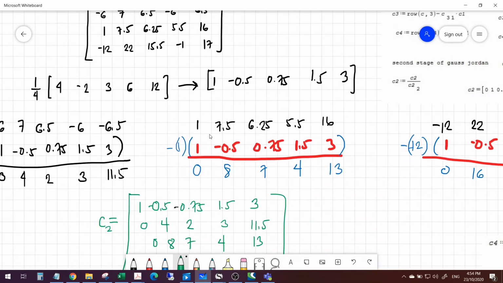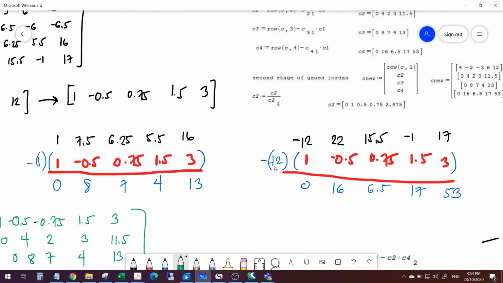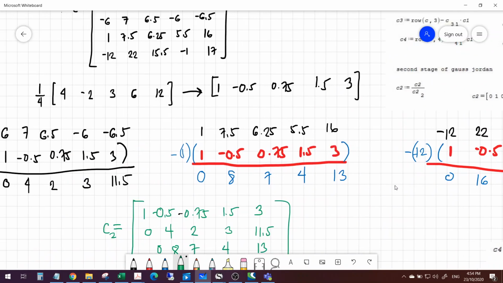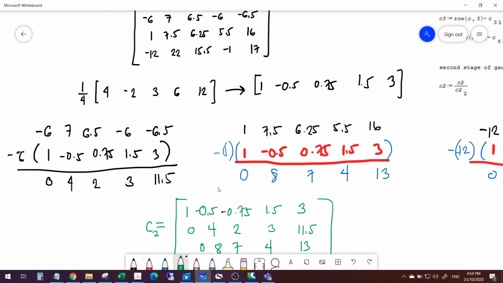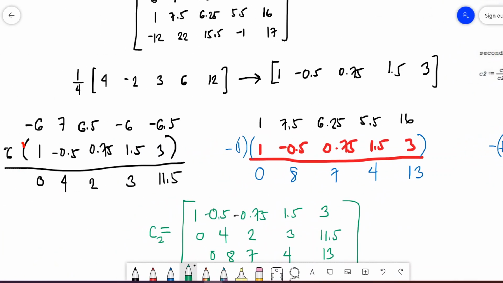In this case, the multiplying number is 1, while here the multiplying factor is negative 12. What do you notice? You notice that the multiplying factor is actually the first element of this matrix. This is negative 6, this is negative 6, this is 1, this is 1.